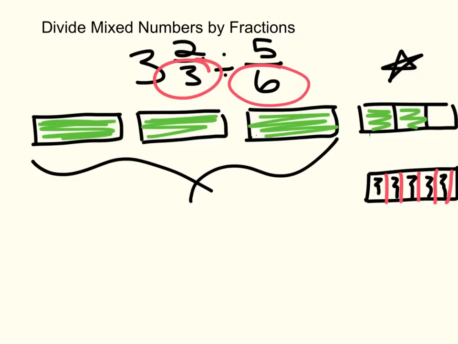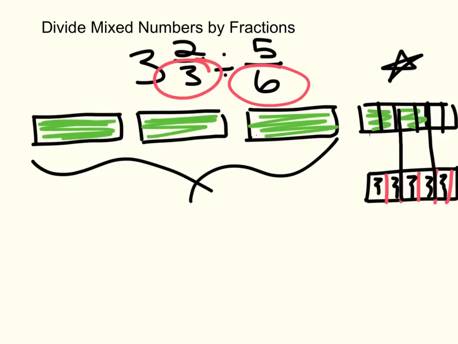Use the number sense. I can see, well, 3 and 6, that's got a common denominator of 6. So I know that if I look at this, that's going to line up. So I need to make each of these pieces into 6.